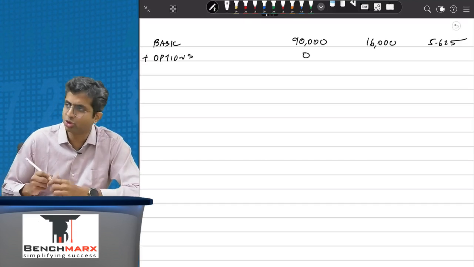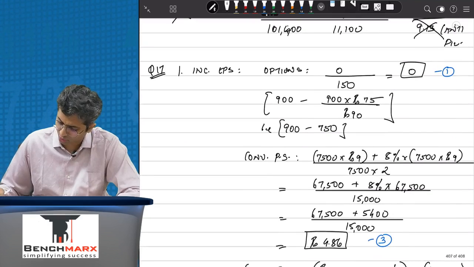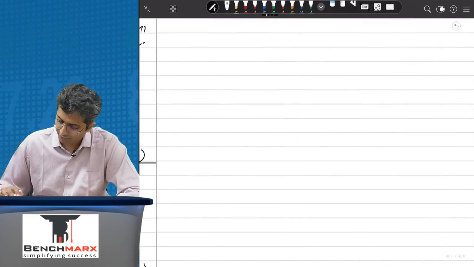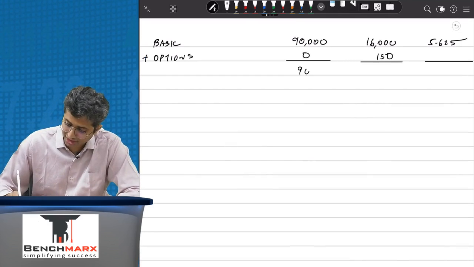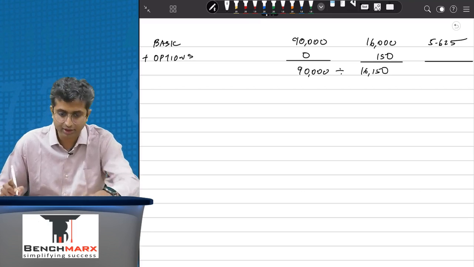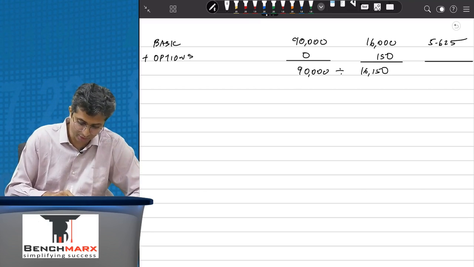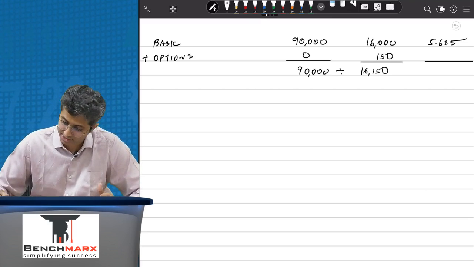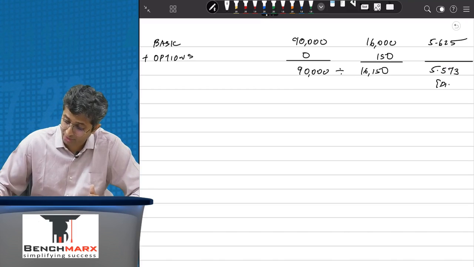Due to the options, there will be no addition in the numerator, but in the denominator, the free element, which I guess was calculated as 150, will be added. Which means that EPS over here would be 90,000 divided by 16,150. No matter how small the fall is, there has to be a fall. At least there should not be a rise. So this is 5.573. So there is a fall, and hence this is considered to be dilutive.